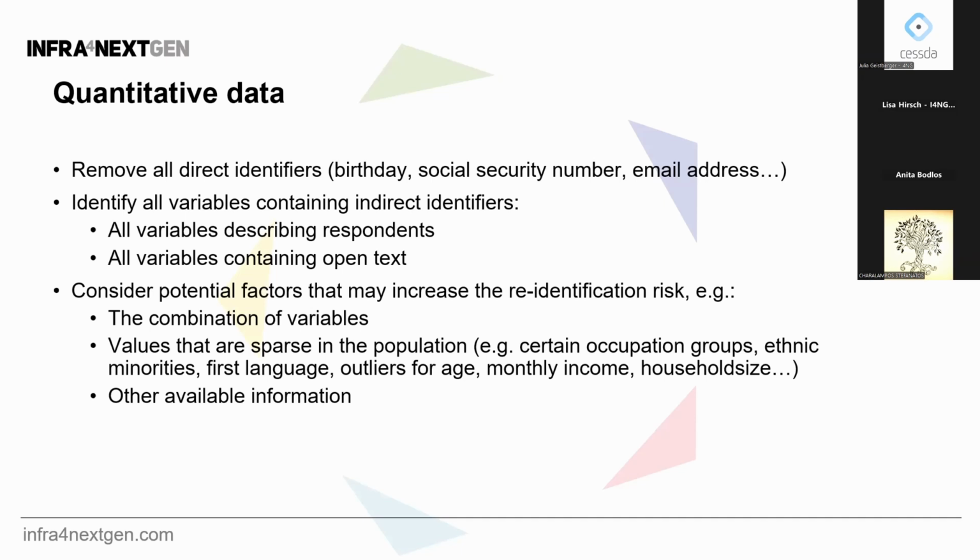And there also may be the option of other information available. So depending on the kind of data you work with, if there is, for instance, directly identifying information, there may be other data sources available that could be merged with your data, which would then greatly increase the re-identification risk of your respondents or of your data subjects.